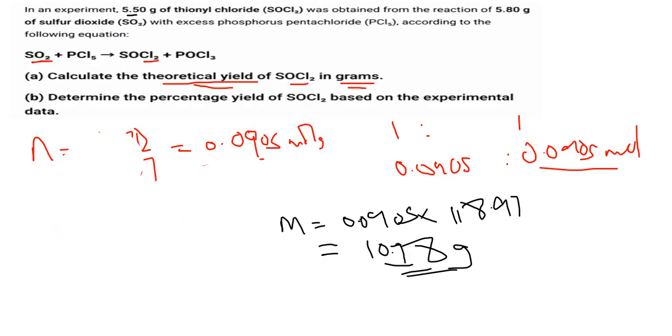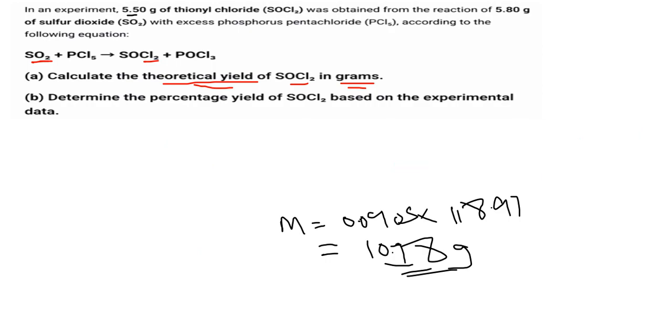So we're going to say percentage yield is equal to the actual yield, which is 5.50 here, divided by 10.78.